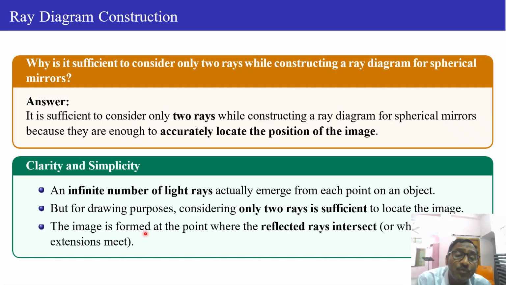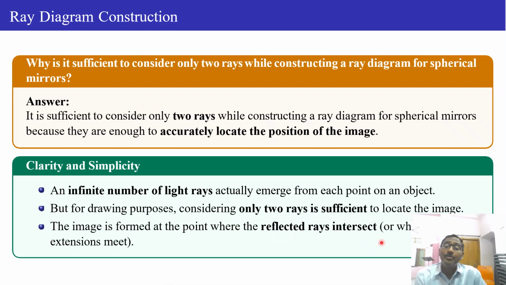The image is formed at the point where the reflected rays intersect.